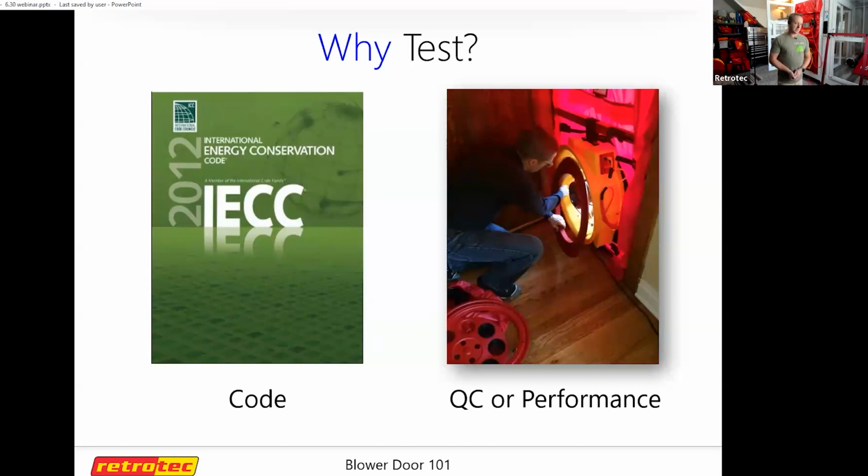Another thing that we're really seeing a lot of is HVAC contractors getting into this. When you really think about it, the building envelope is a part of the HVAC system. I've been talking a lot about this lately in some other webinars and classes that I've taught. The building envelope is the container that holds in all that conditioned air that the HVAC contractor is working to produce. So we need to know how airtight that is.